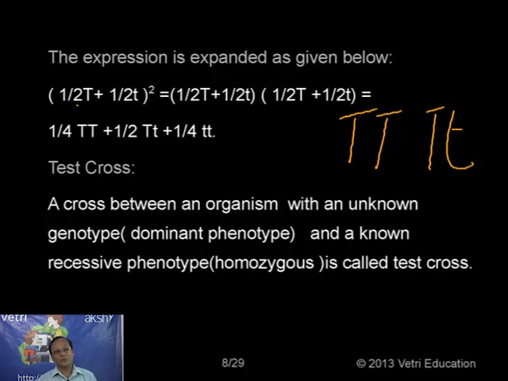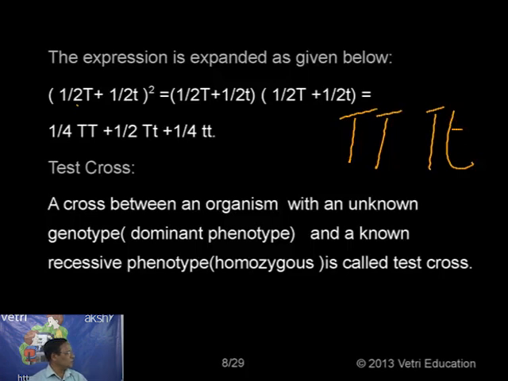So, if you want to know the nature of the dominant parent taking part in a cross, whether it is homozygous or heterozygous, we have to make a particular cross. To find out the nature of the parent, we have a specific cross. The name of the cross is the test cross.